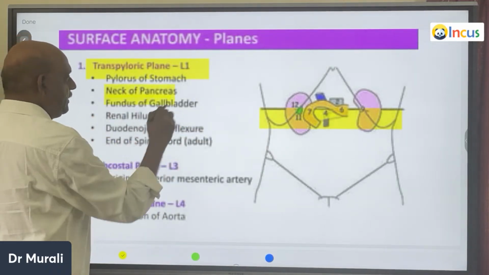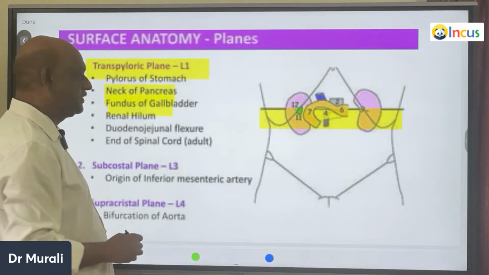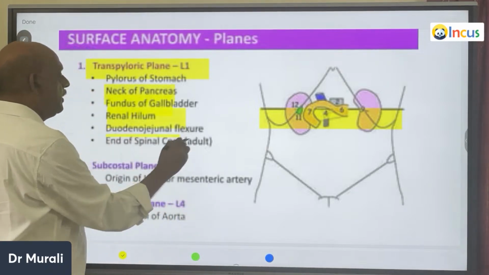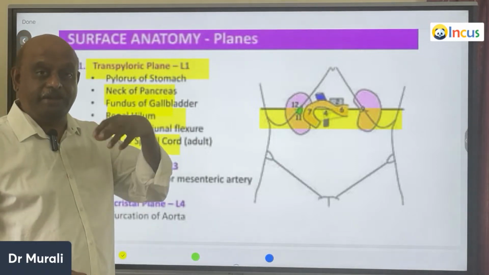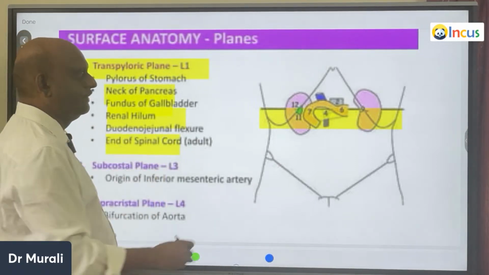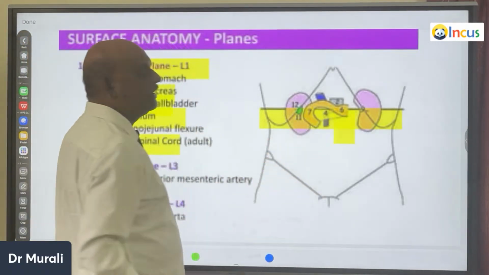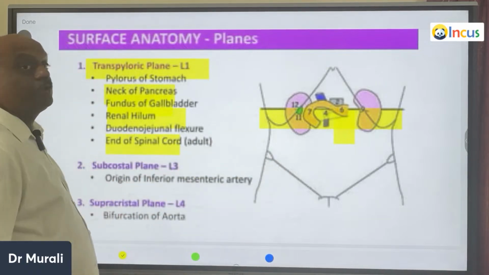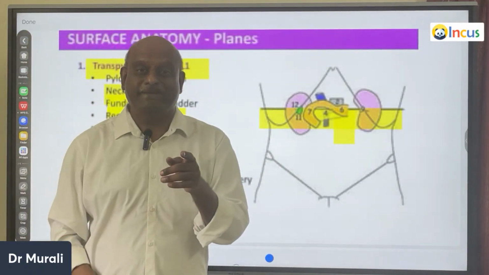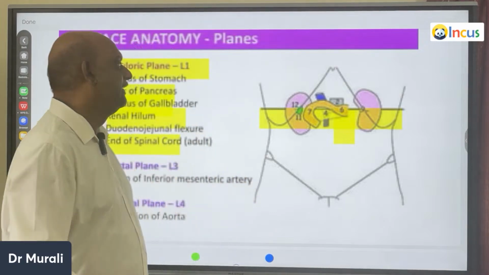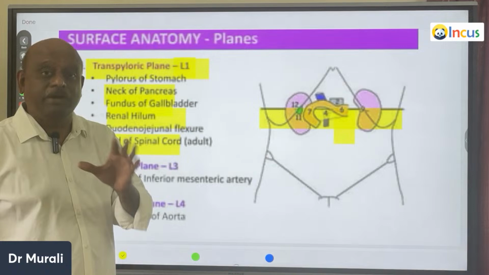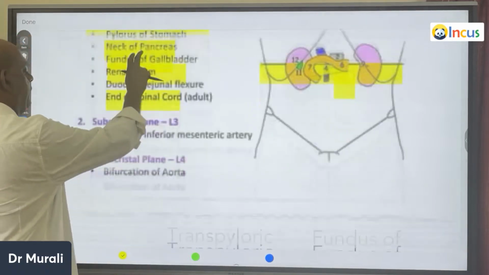The pylorus of the stomach, the neck of the pancreas, the fundus of the gallbladder, and the duodenojejunal flexure, where the duodenum is merging with the jejunum. And the end of the spinal cord of the adult, which happens at the L1 level. Typically, the transpyloric plane corresponds to the L1 level, is what you need to remember.